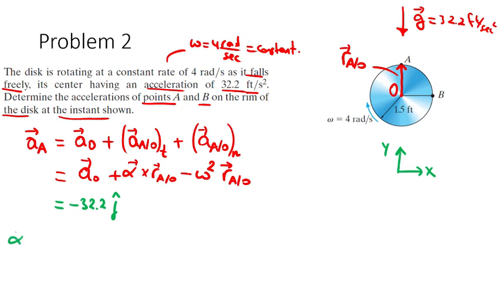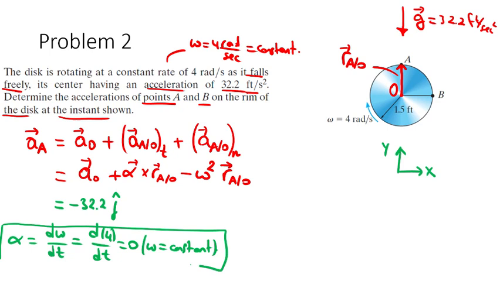Alpha, if you remember the equations, is d omega by dt. Here it says the omega is constant, so that is d of 4 with respect to t, and that is 0. So omega is constant, and with that in mind we can leave this term out.